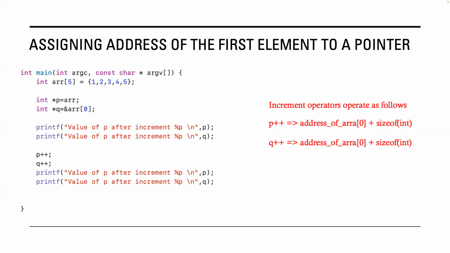Now, if I operate the increment operator on P and Q, what happens is it will add the size of the variable type to the value of P. The value of P was the address of the first element of the array.